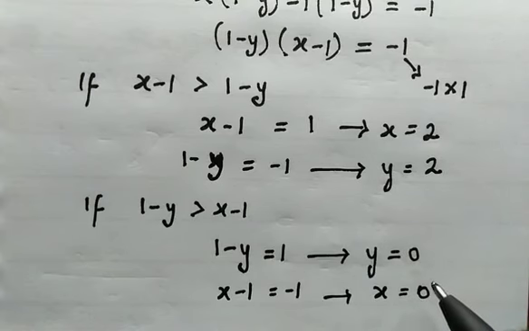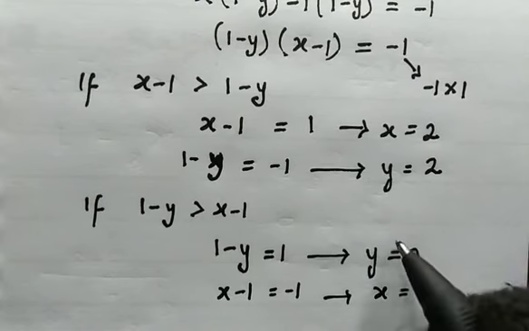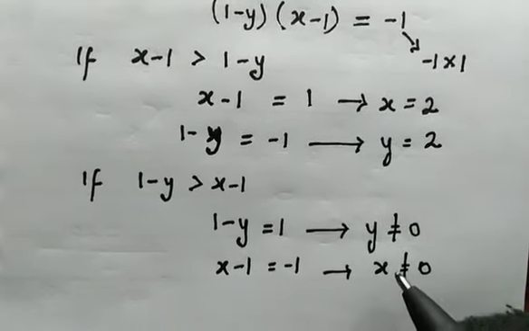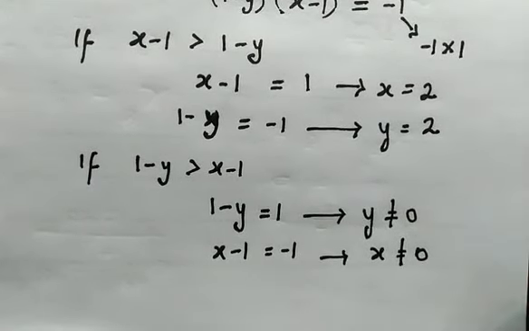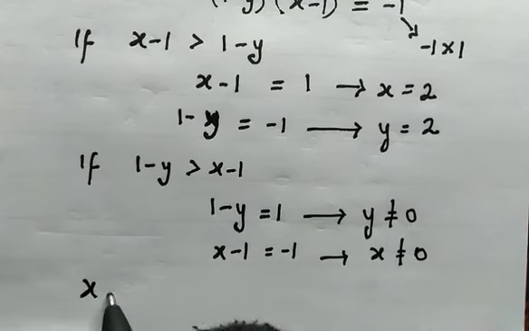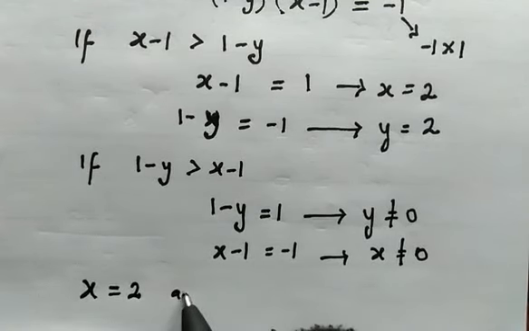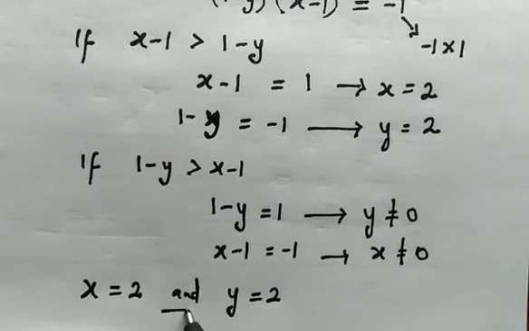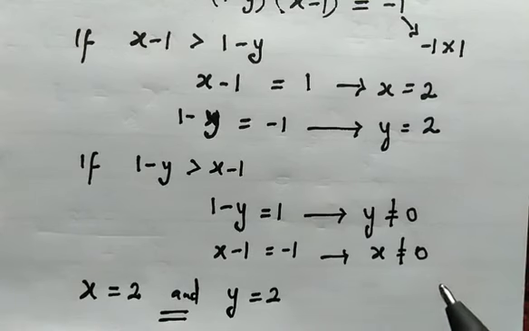And recall that we said earlier that x cannot be equal to 0 and y cannot be equal to 0. So according to the question, to solve for integral values of x and y, we find only this solution: x is equal to 2 and y is equal to 2. So these are the only integral solutions that satisfy the given Diophantine equation.